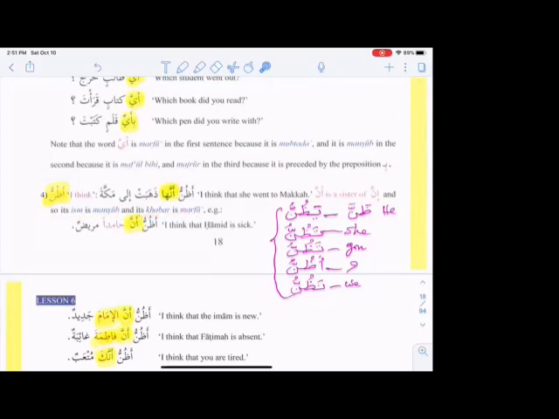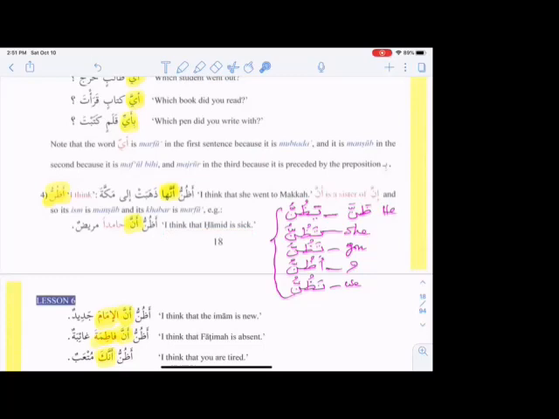And inna wa akhawatu inna, the ism is always mansub and the khabar is marfu. This we cannot forget. It should be part of our thinking, inshallah. Azunnu anna hamidan maridun. Okay. Azunnu anna hamidan maridun. So here, I think that Hamid is sick.